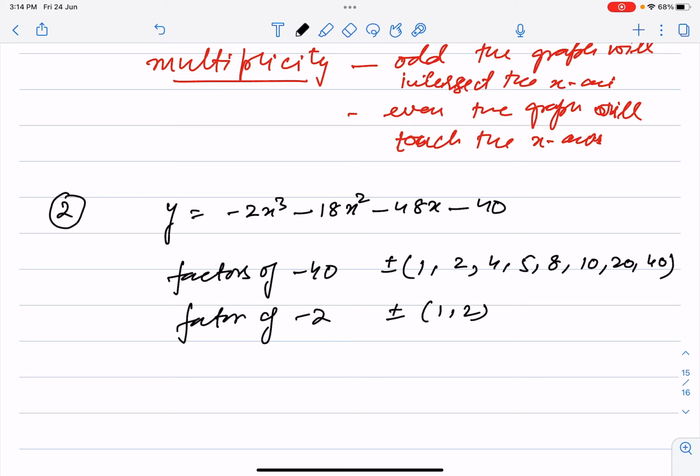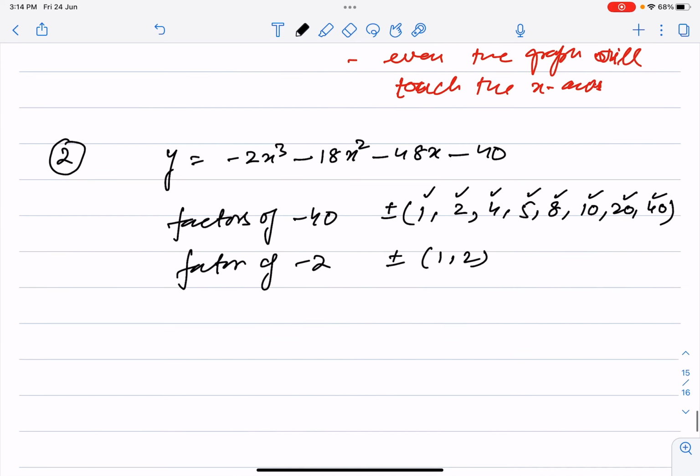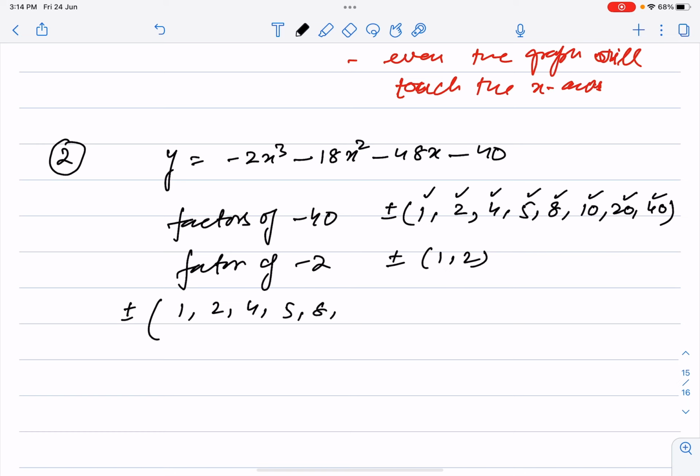So these are the factors. So you can say the possibilities are 1, 2, 3, 4, 5, 6, 7, 8. If I divide by 1, then it will be plus minus 1, 2, 4, 5, 8, 10, 20, 40.